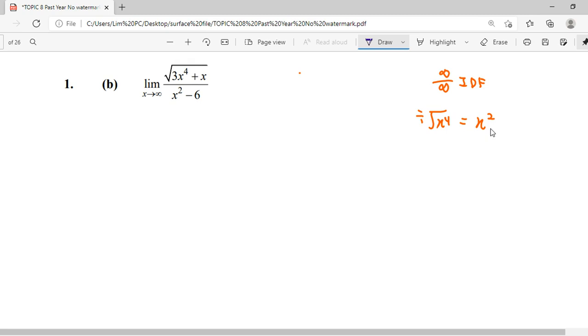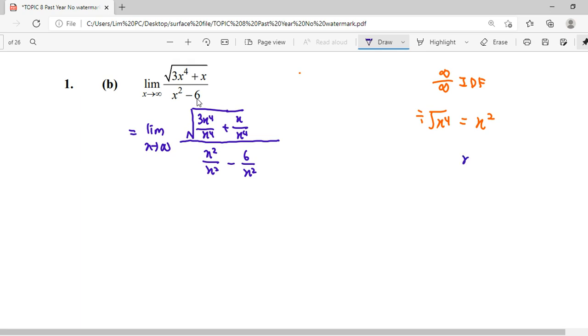When we divide our function by x power 4, square root divided by square root, we can write it together under the same square root. And then we divide it independently. Divide each term with x power 4. For the function outside at the denominator, without the surd function, after simplifying, we divide by x squared.